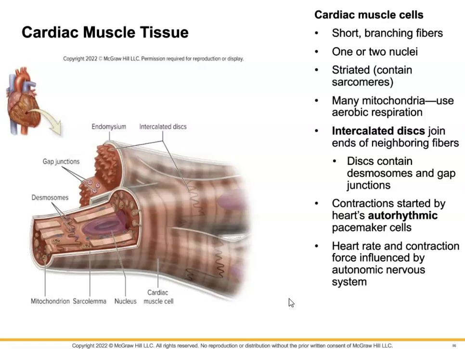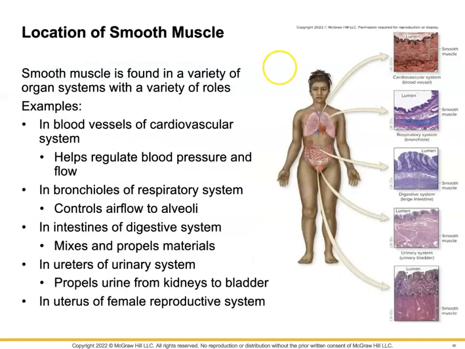Okay? So heart rate and contraction are influenced by the autonomic nervous system, primarily the fight or flight system that increases our heart rate when needed, but also we slow our heart rate down under the influence of the autonomic nervous system as well.